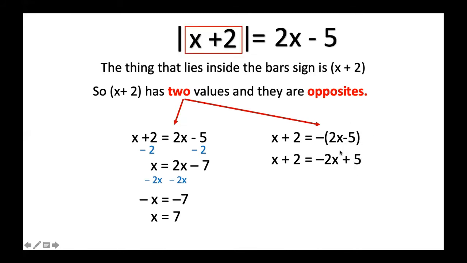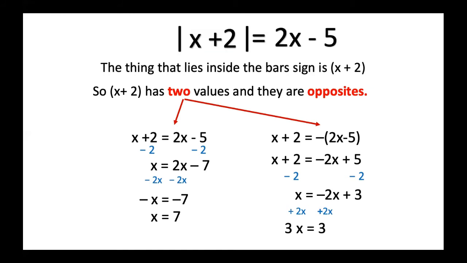It is a very simple thing, but if you forget, you will get the wrong answer. Just like the first equation, subtract 2 from both sides, and we have x equals negative 2x plus 3. Now we need to remove negative 2x from the right side, so we add 2x on both sides. We have 3x equals 3, so x equals 1.